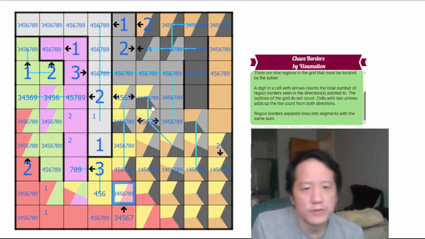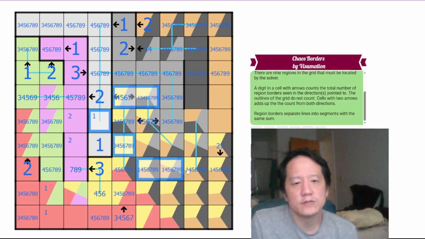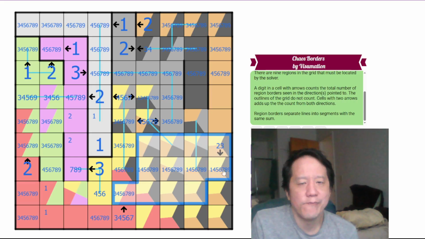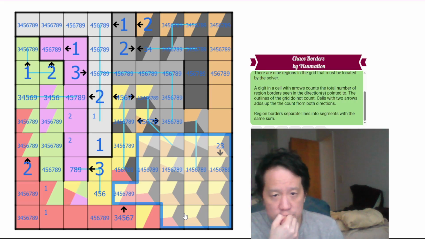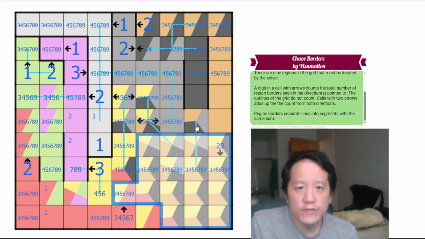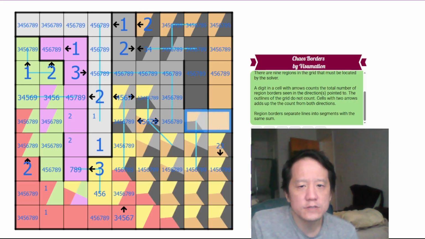And there's one other region that's possible in this area. One would have to be one of these 2 digits.